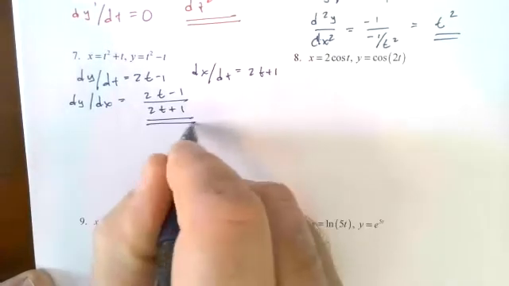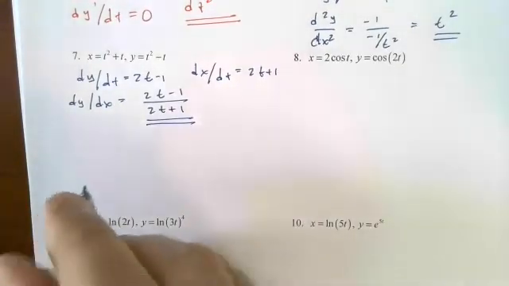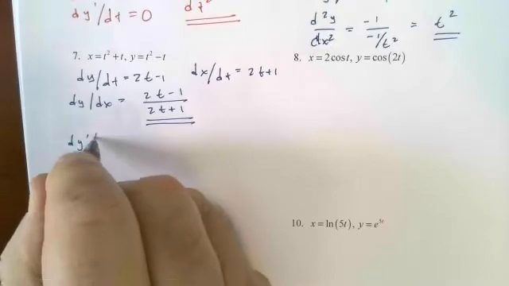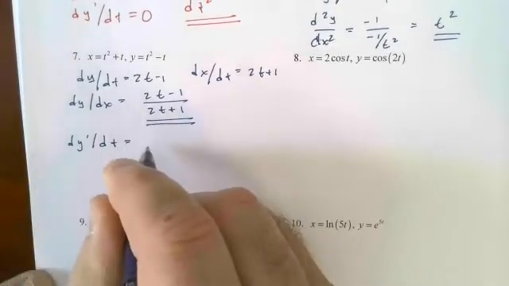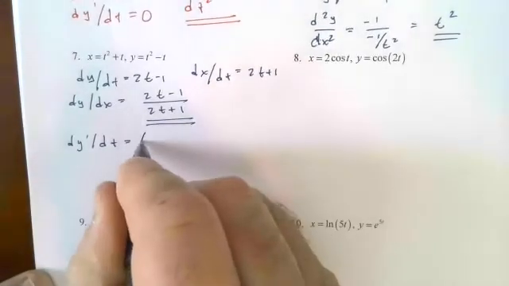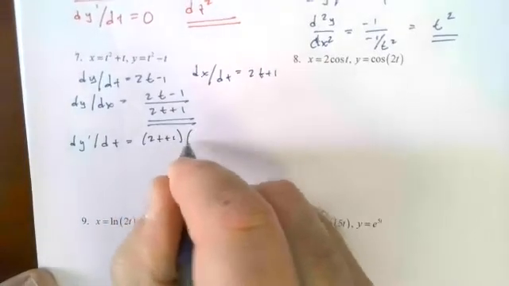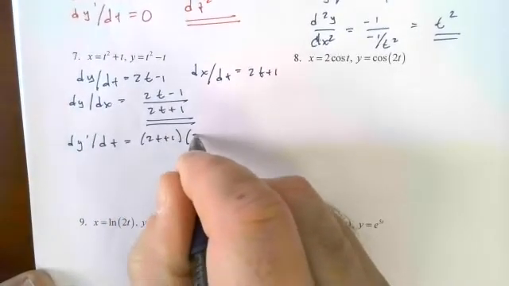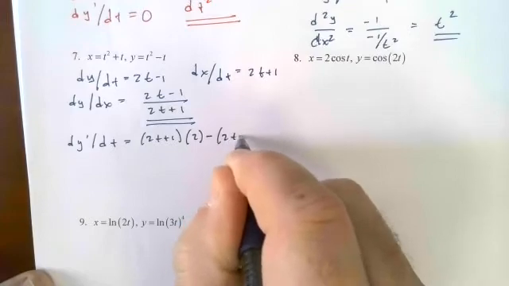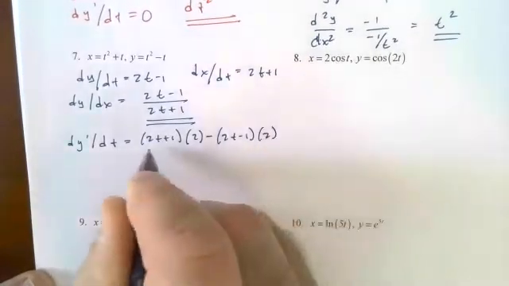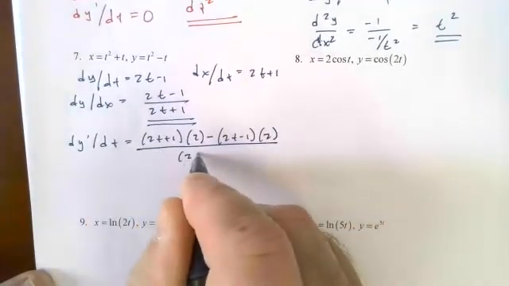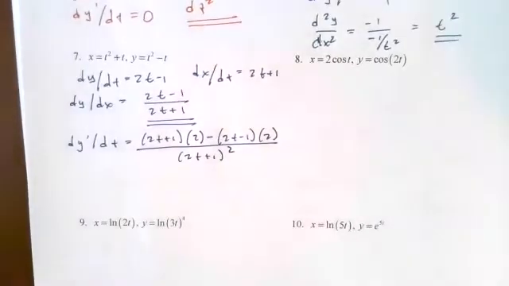No, there's nothing we can do with that. Mildly annoying. d/dt of y prime is (2t plus 1) times 2 minus (2t minus 1) times 2, over (2t plus 1) squared.